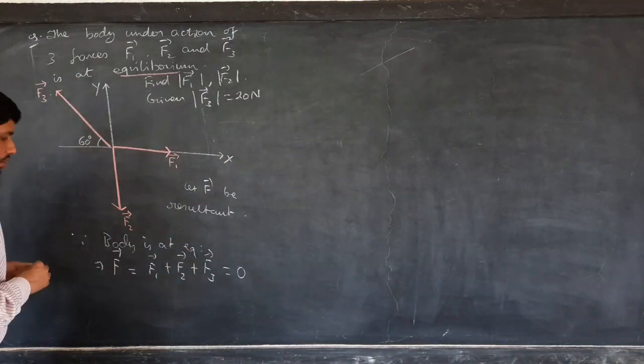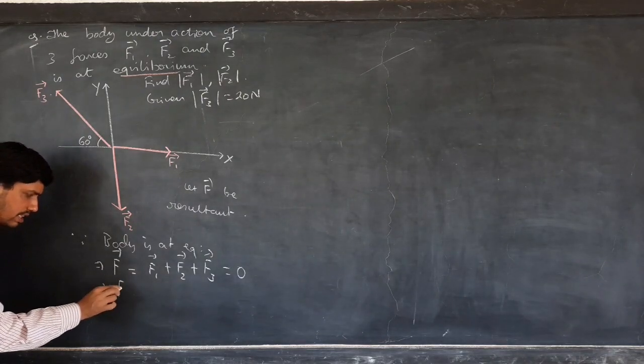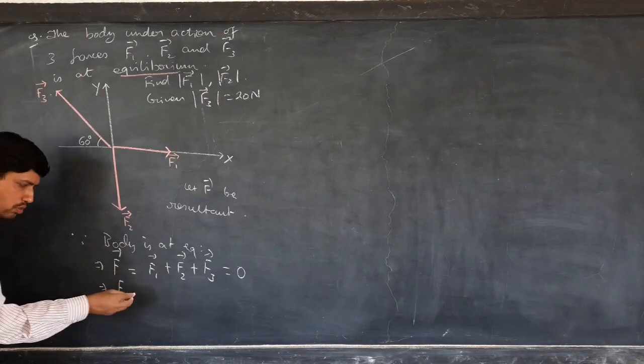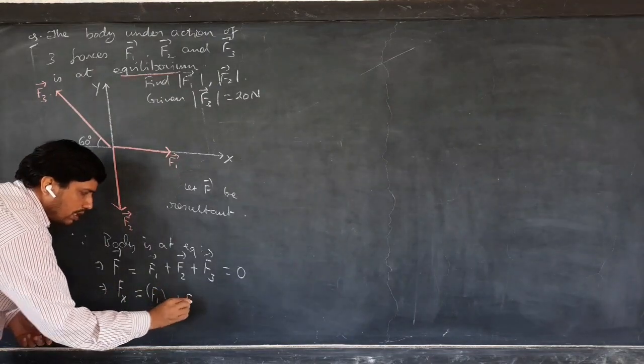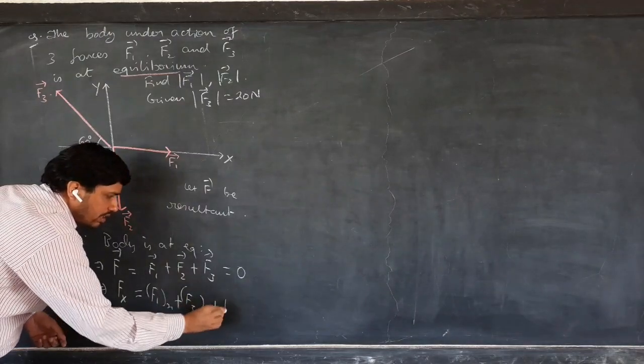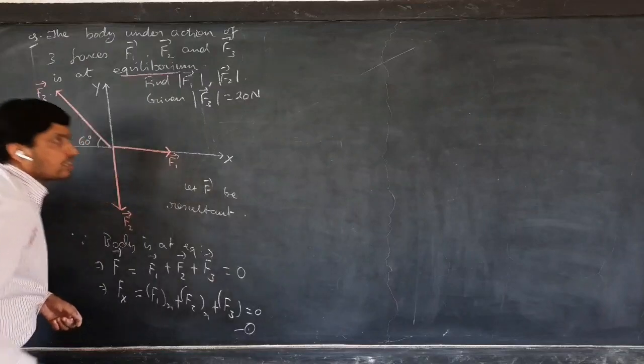Now how to deal with this question? Again, we have already discussed the x component of the resultant force, which is F1x plus F2x plus F3x, must be zero, equation number one.